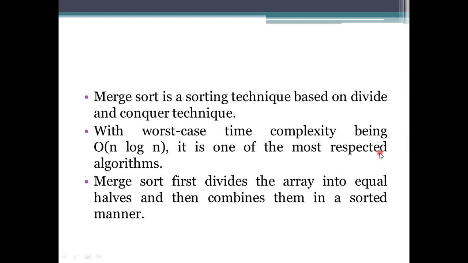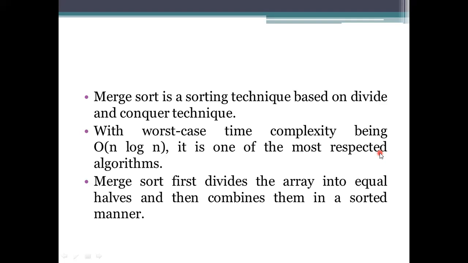How is it going to divide? It uses the left side and right side elements, the minimum and the maximum: min plus max divided by 2, taking only the integer representation or the float representation. We need to divide the array into equal halves if possible.